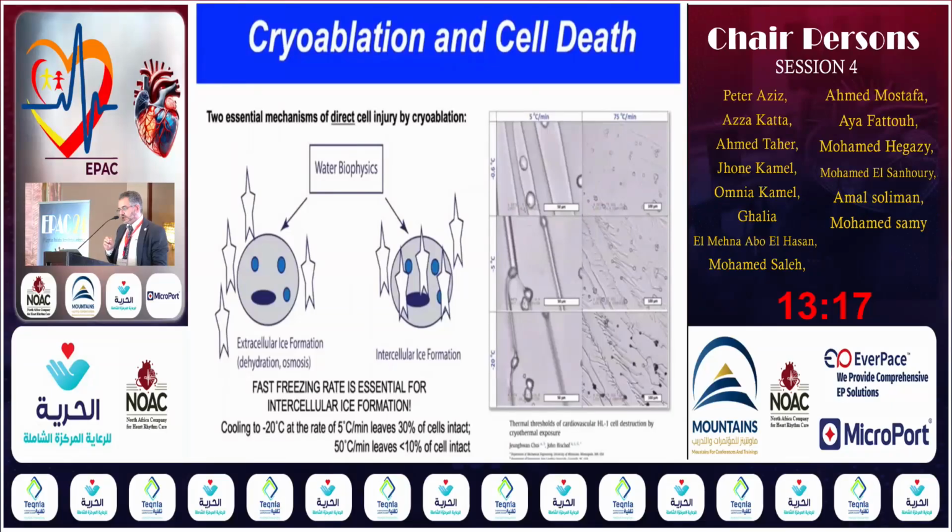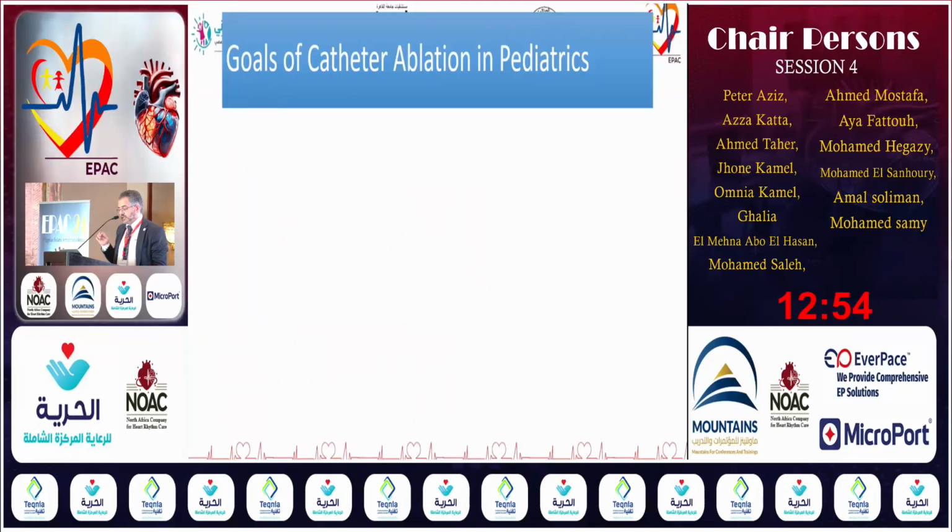And these ice crystals destroy intracellular organelles and cause cell death consequently. But importantly, because it's freezing, it doesn't cause protein denaturation. So the structure and integrity of the tissue is maintained. The tissue is no longer functional, it is destroyed, but it retains its integrity.